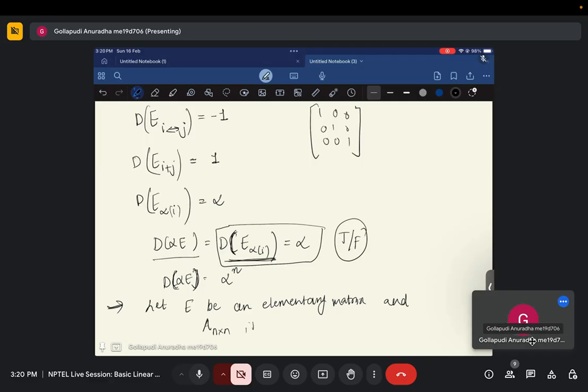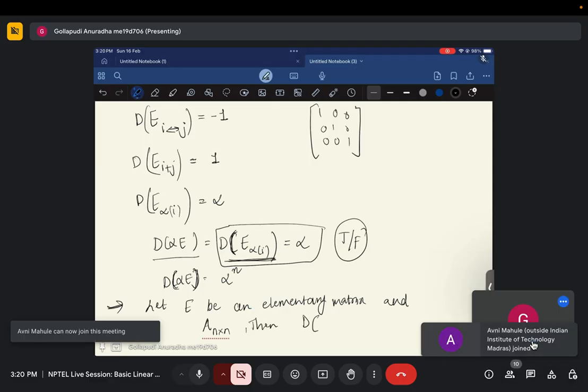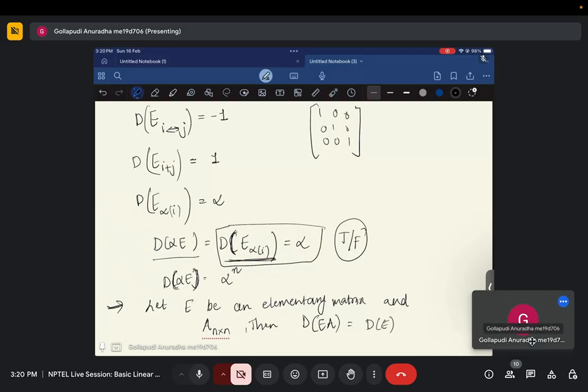Then the determinant of the product of elementary matrix and A will be equal to, as we saw here, the determinant of an elementary matrix comes out to be a scalar quantity, right?